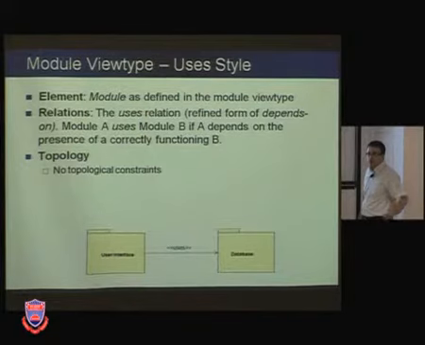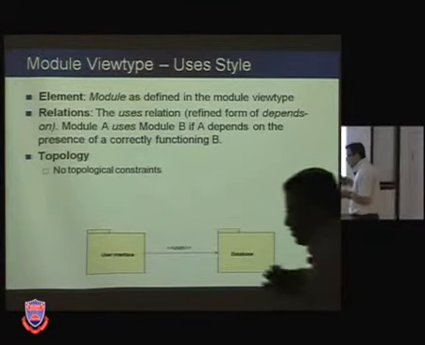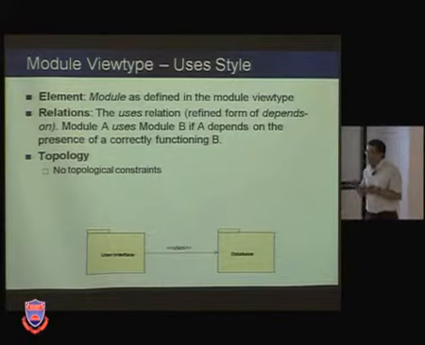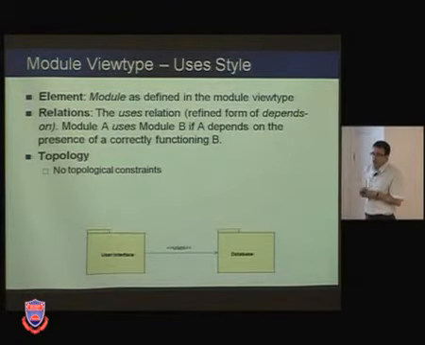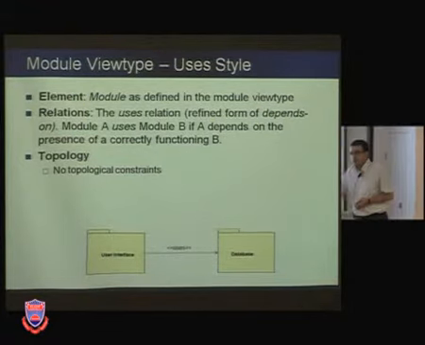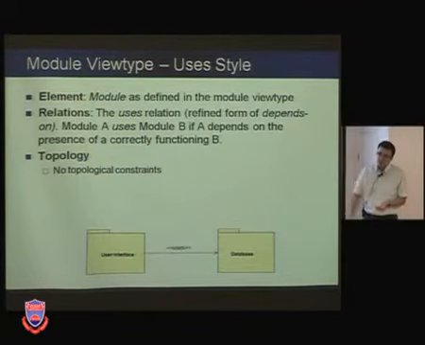Okay, that's the issue. So the uses style is again derived from the module view type. What does derived mean? It considers the modules and the relations, but it puts additional constraints. For the module, no constraints. Module is as defined in the module view type. For relations, again, there's a constraint. In the decomposition style, the constraint was just to use the decomposition relation.